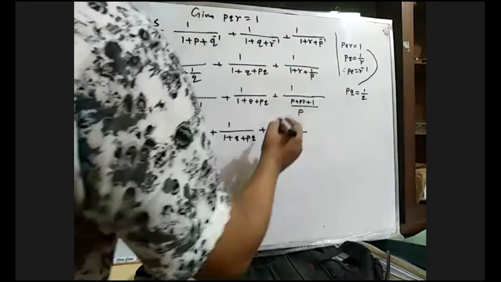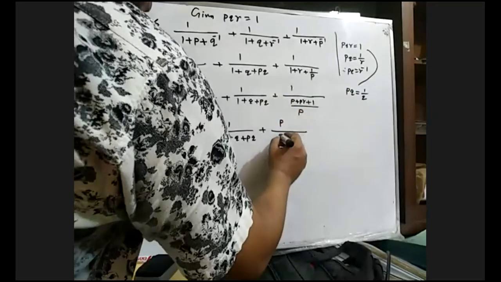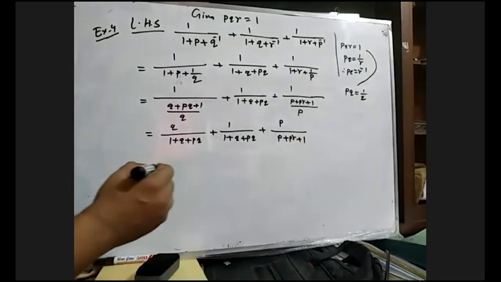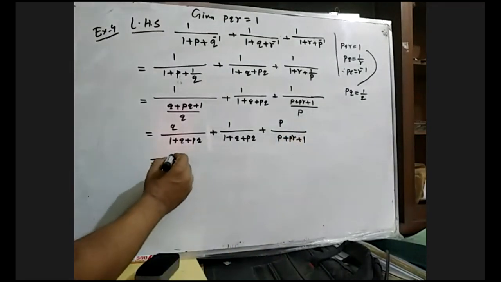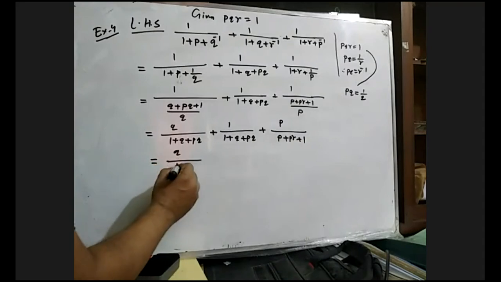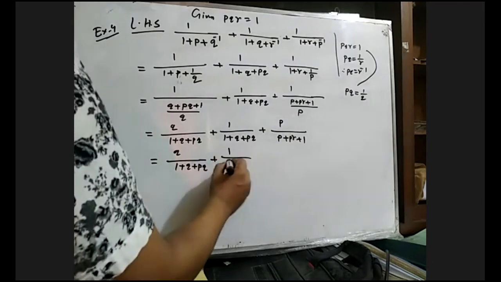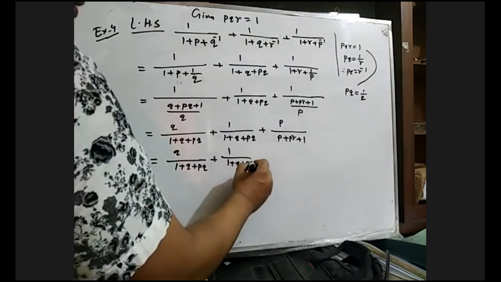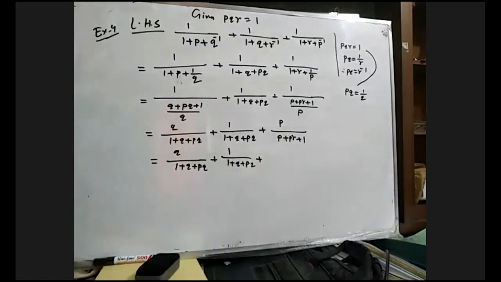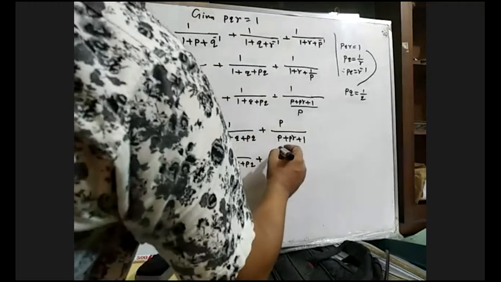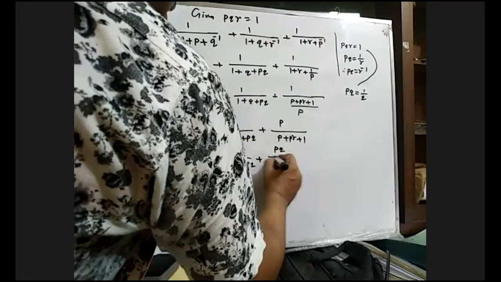So P plus PR plus 1 equals Q divided by 1 plus Q plus PQ plus 1 divided by 1 plus Q plus PQ plus, from this line we have to simplify, just multiplying Q on both numerator and denominator.